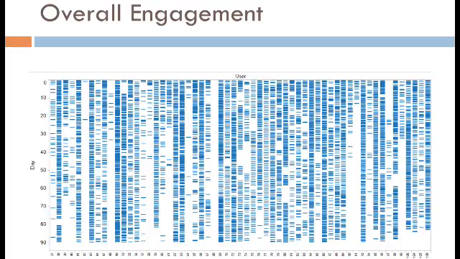So this is a graph of the overall engagement with the system. Each column is a particular user, and time goes from the top down. So you can see how people used the application over time, and you can see most of our users were extremely engaged with the system almost every day. We had a few who dropped out towards the start, and the system just wasn't that useful for them, and they stopped using it.